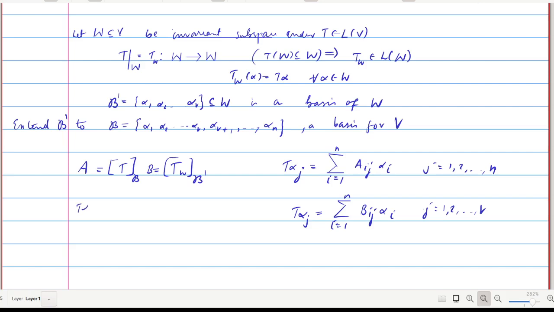So if we take T alpha 1, since alpha 1 is an element of this W, then T alpha 1 is also an element of W itself.